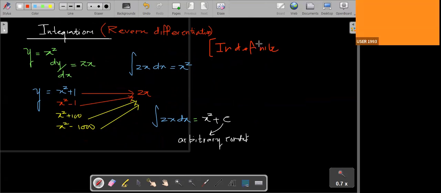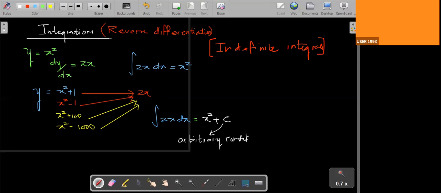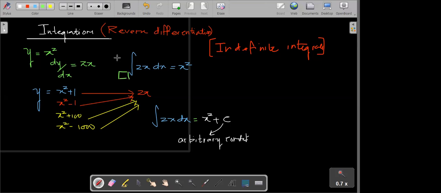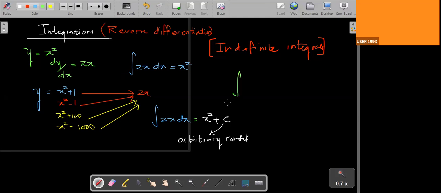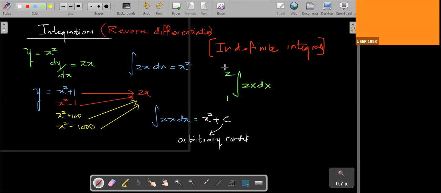It means that if the limits are not defined, there's an option that values will be defined sometime. For example, if we have to integrate 2x from 1 to 2, the values are defined, some values are there next to the integral sign. Then we call it a definite integral. If the values are defined, it's a definite integral. If the values are not defined, it's an indefinite integral.